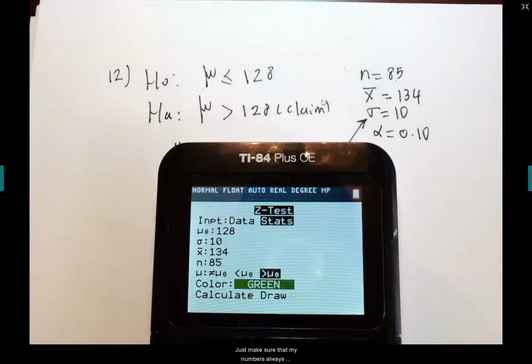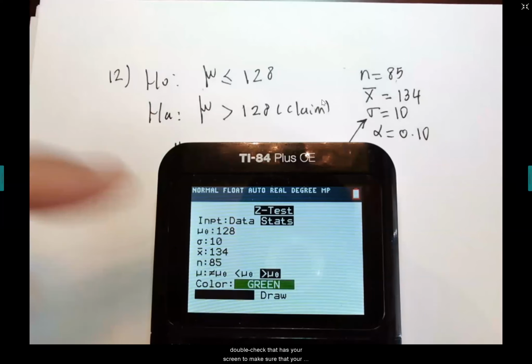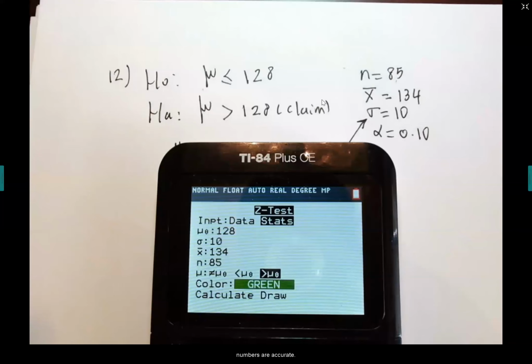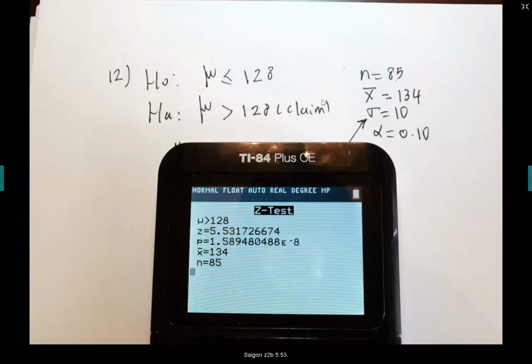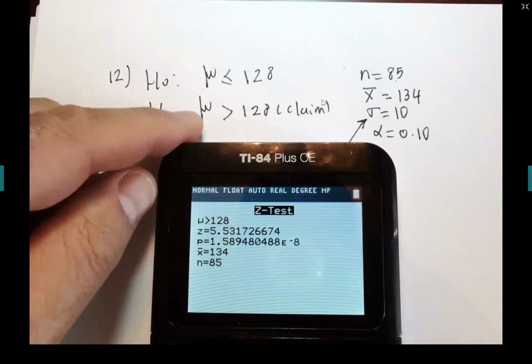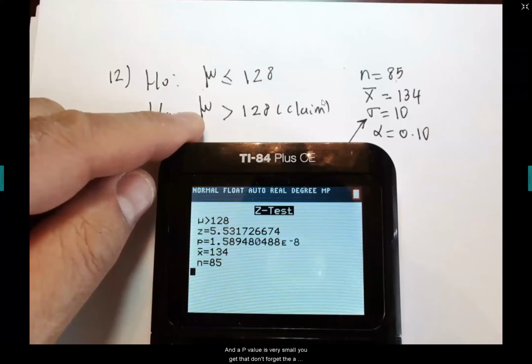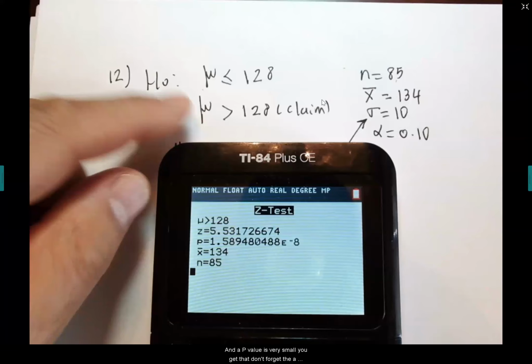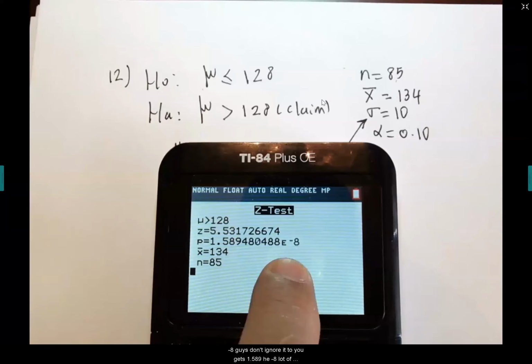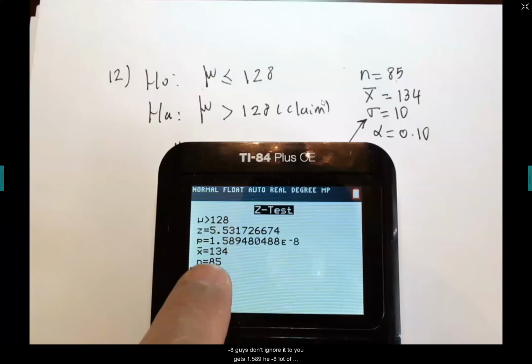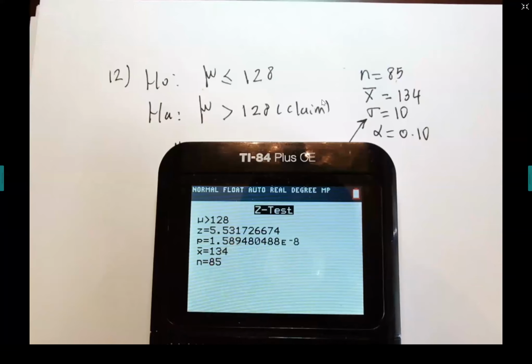Just make sure, always double check your screen, guys, to make sure that your numbers are accurate. So I got z to be 5.53, and the p-value is very small. Don't forget the E-8, guys, don't ignore it. You get 1.589 E-8. A lot of students ignore that. Once you see the E, that means your p-value is almost zero.